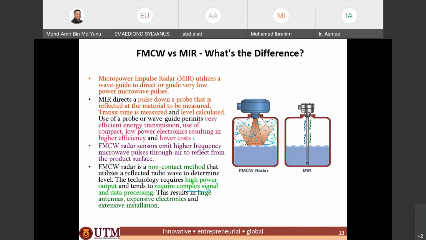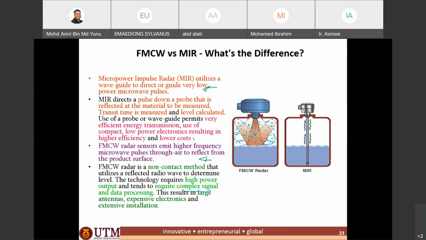So this is the comparison between the FMCW radar and MIR. So the MIR, micropower impulse radar, basically utilizes wave guided signals. It is low power, but FMCW is high energy. It requires high input energy.